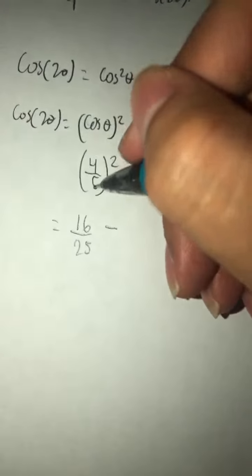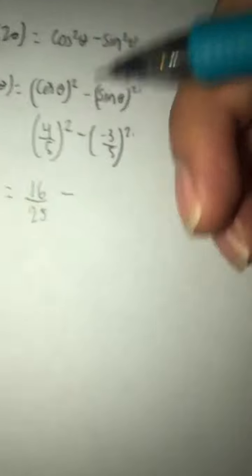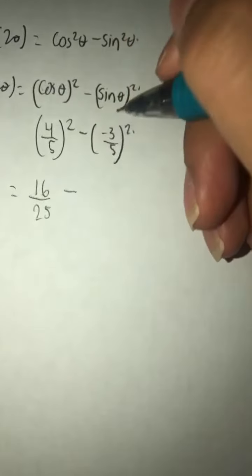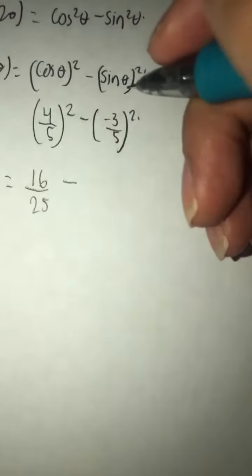This is cosine squared theta, 16/25, and then minus sine squared theta, which is 9/25. This means that cosine of 2 theta is 16 minus 9 all over 25.